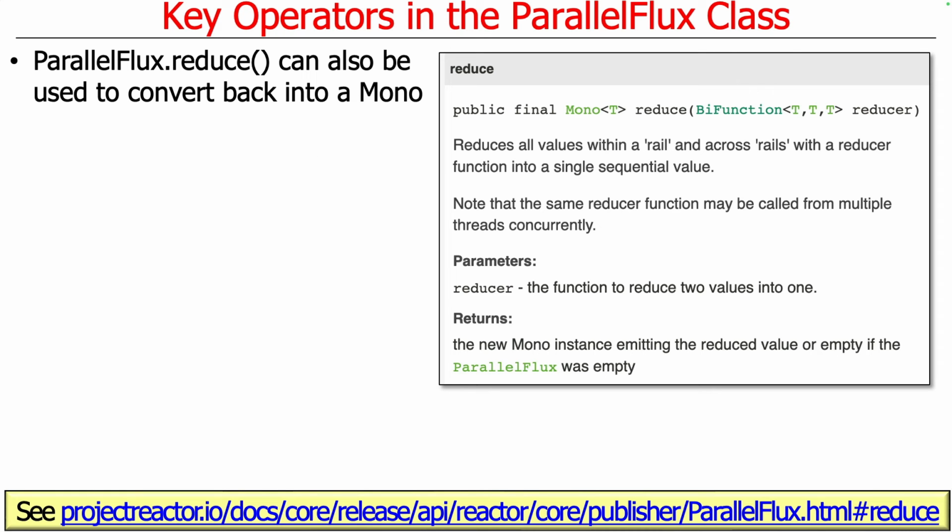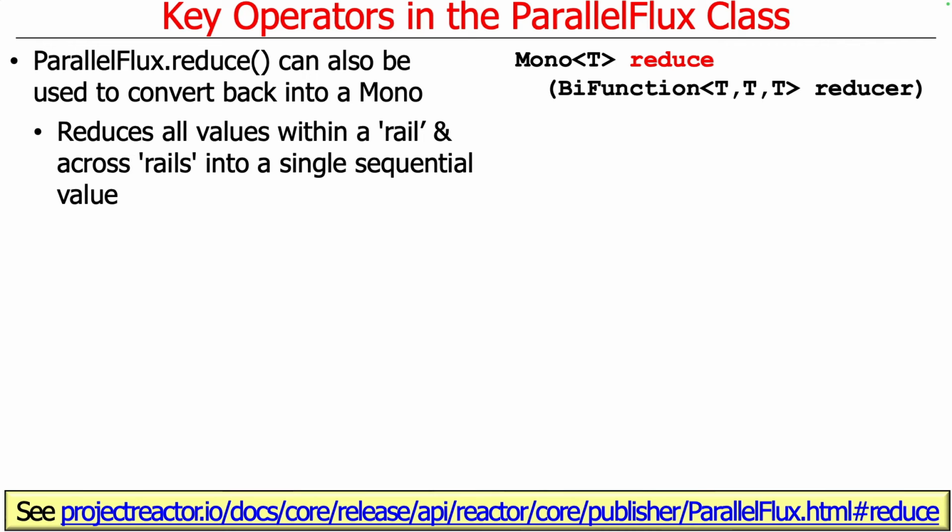A common thing to do, not the only way to do it, is to use the reduce method on ParallelFlux to convert all the results being processed back into a Mono by reducing them and doing some type of operation, like adding the elements as they're done. So here's reduce.